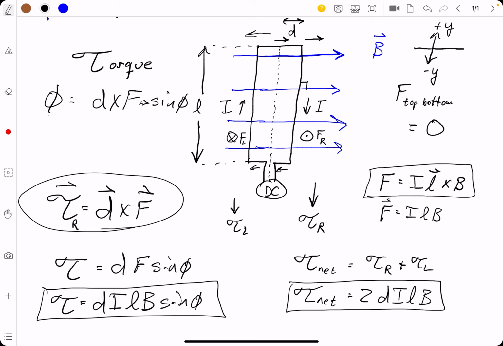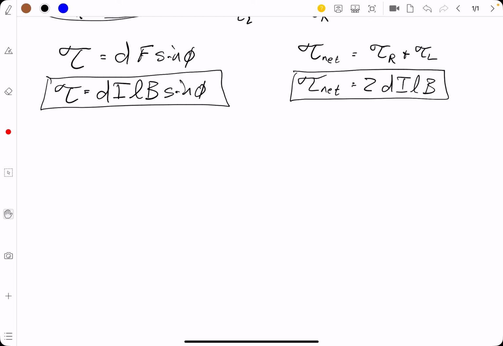So there will be times when D is in line with F. So there will be times when our torque is 0, okay? And that will be when the loop is perpendicular to the B field, but also parallel with the forces that are generated. Okay, good.